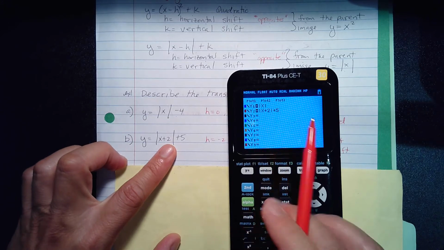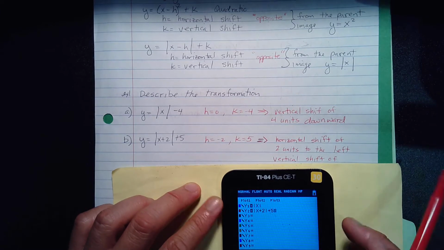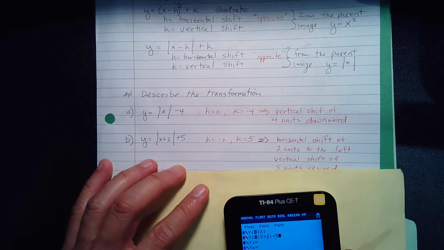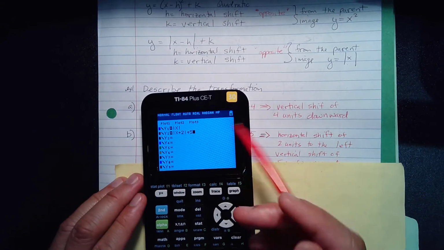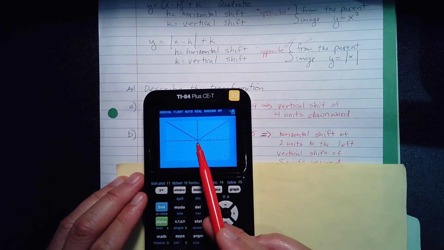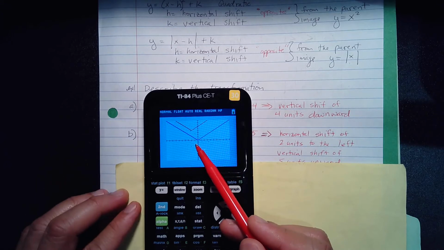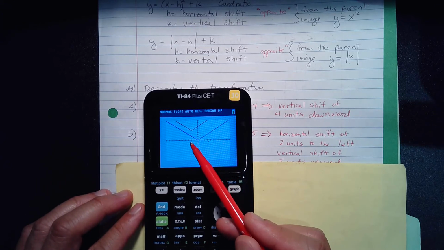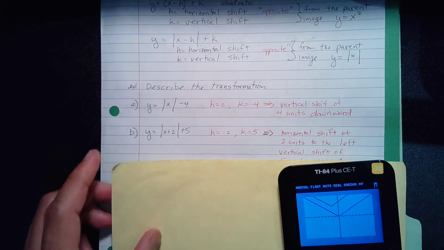With this one, we discussed that there's a horizontal shift 2 units to the left and a vertical shift of 5 units upward. So compared to our parent function in blue, you're going to see this shift and move upward. So this graph shifted 2 units to the left and 5 units up. All right. So again, these are all transformations.